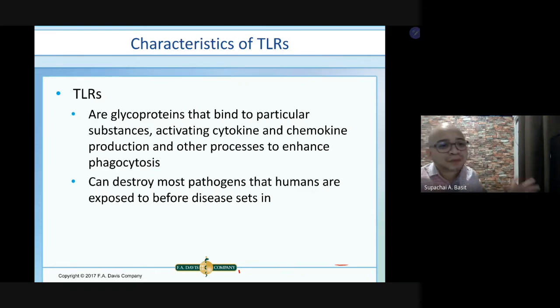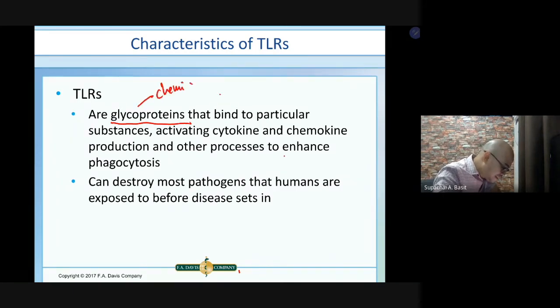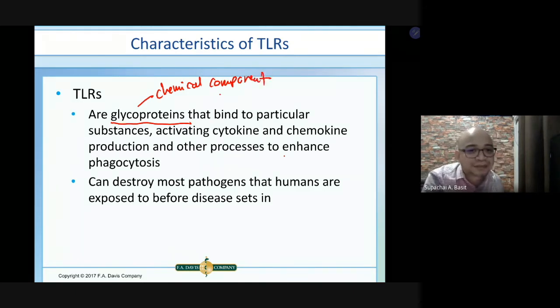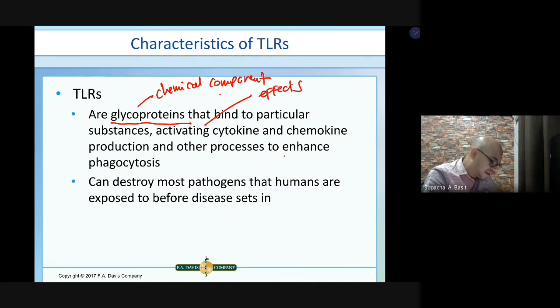Toll-like receptors are actually glycoproteins. This is the chemical component of the toll-like receptors. They bind to particular substances, and the action of TLRs is that they can activate cytokine and chemokine production and other processes.